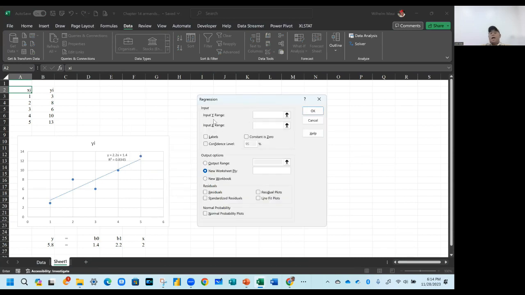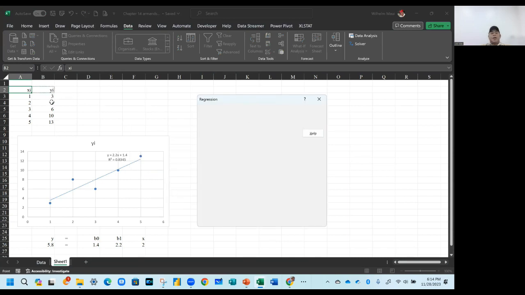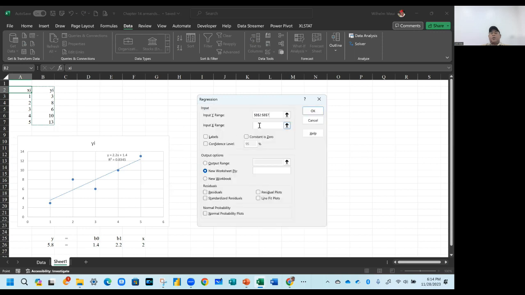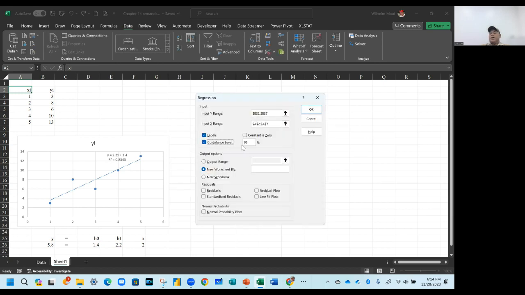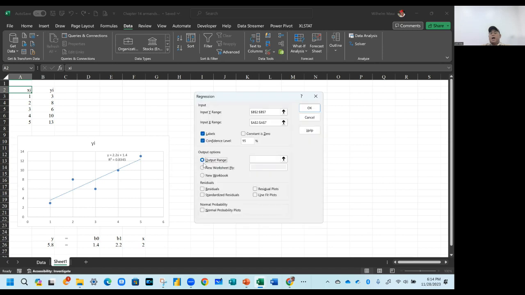For y, make sure you select the correct vector for y, and make sure you select the correct column for x. And then you tell it, okay, I'm using labels. If you're going to do a confidence interval and test, you're going to specify those. And then let's put an output here also.